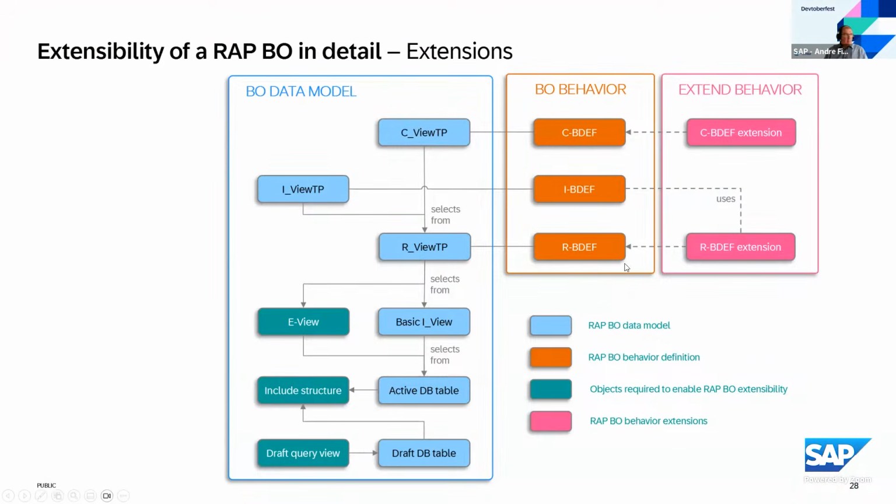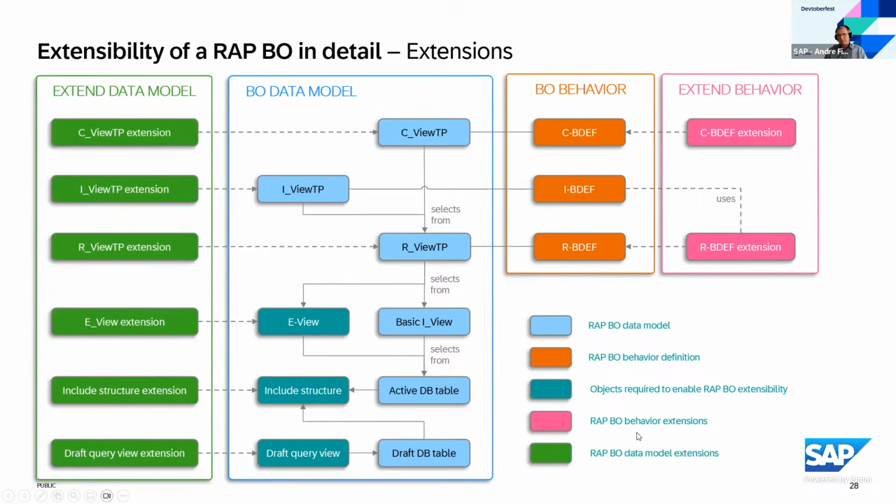So the next step: we have now seen we can extend the behavior by creating behavior extensions, but it's also possible to add additional fields. And as you see here, adding additional fields is quite a big thing.